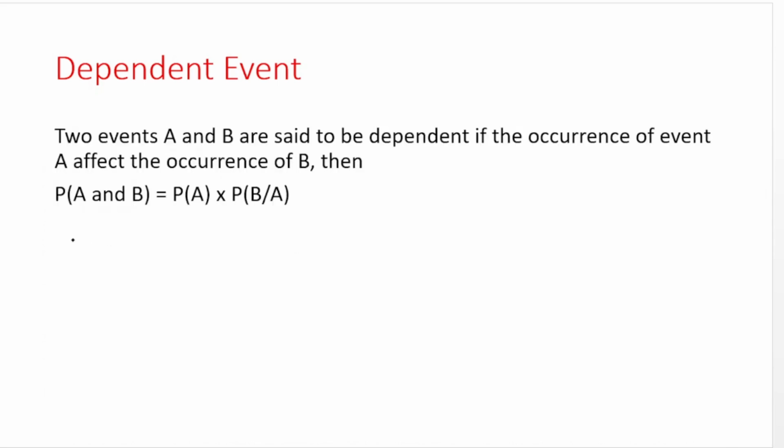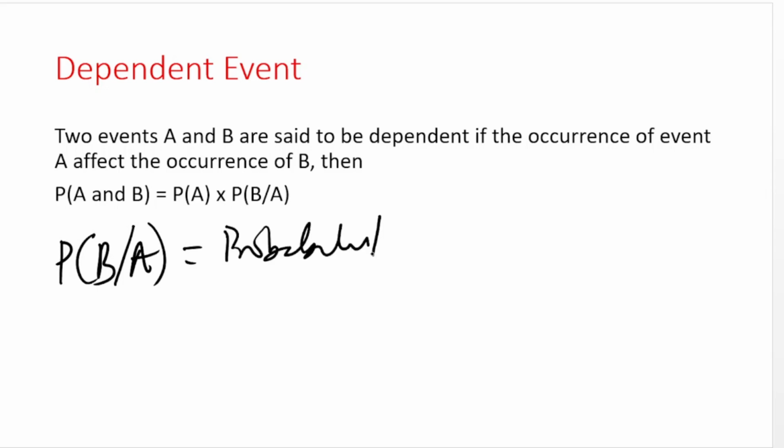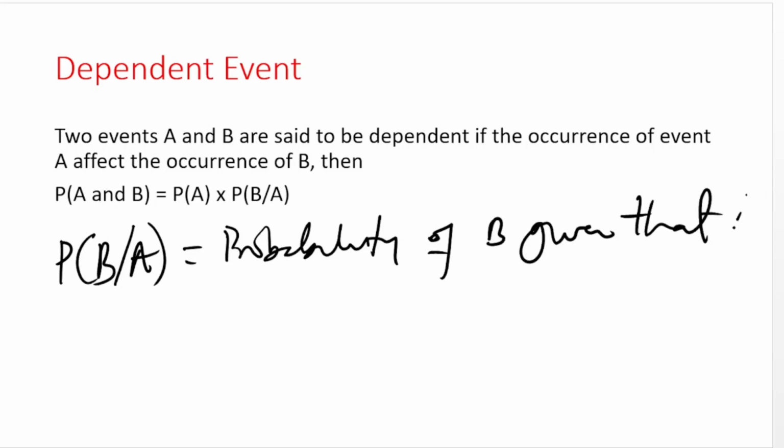So when you have something like this, probability of B slash A, it means the probability of B, given that A has occurred. So this is a condition.